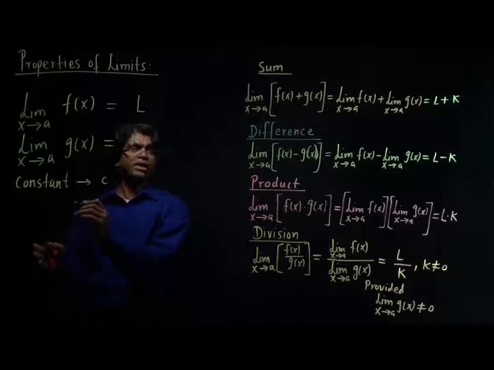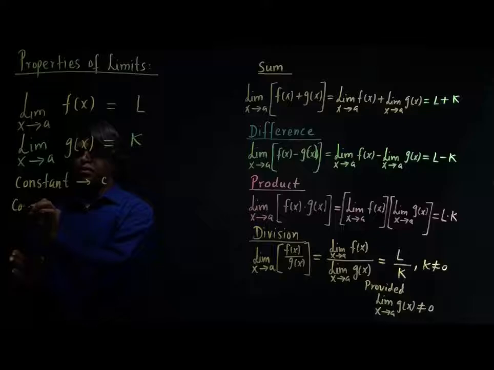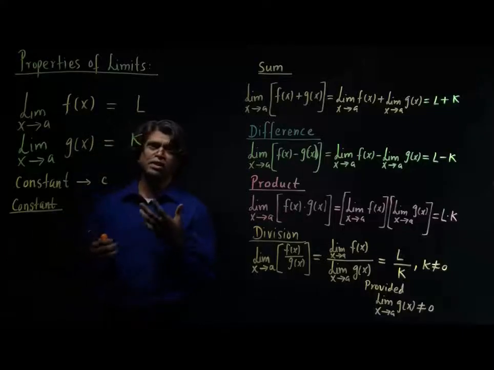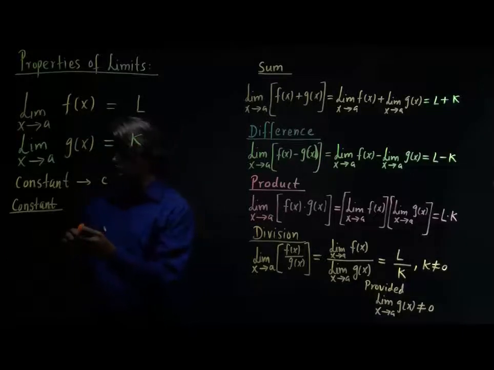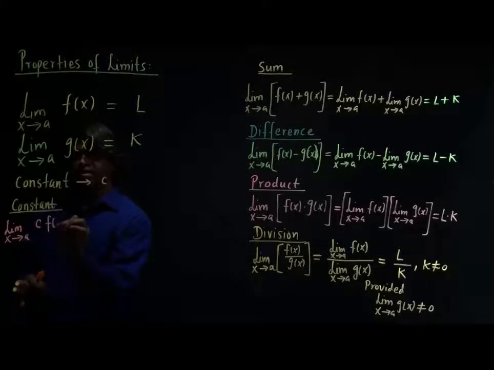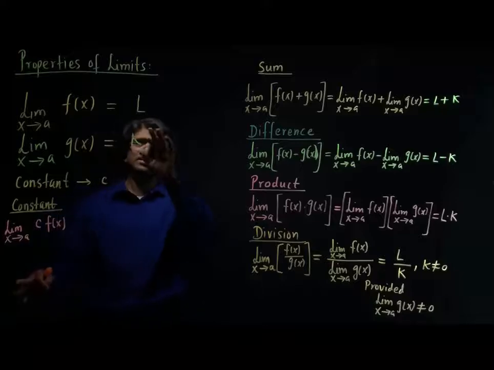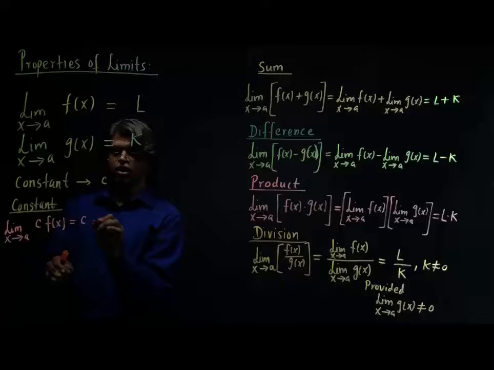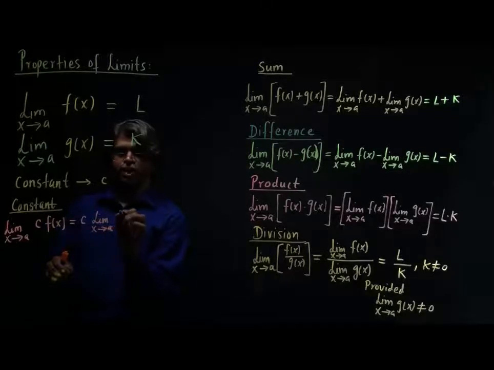Now the next property that we have is constant. So the next property that we are using is with a constant. So if I want to find the limit x tends to a of any function, it doesn't matter what, and my constant is c times f(x), or I can also consider my function g, I will separate the constant and I will find the limit x tends to a f(x).